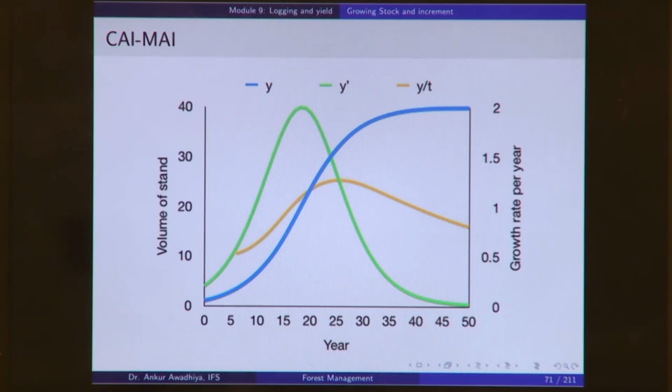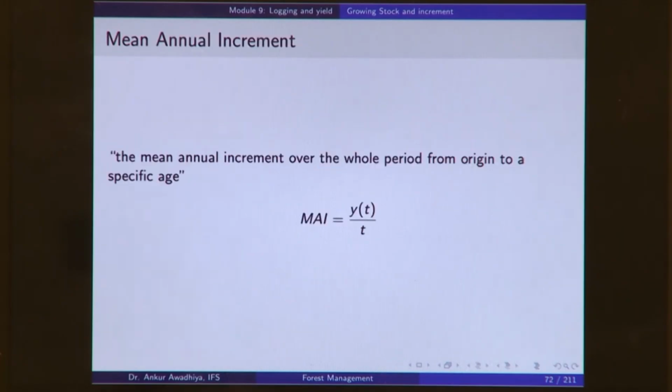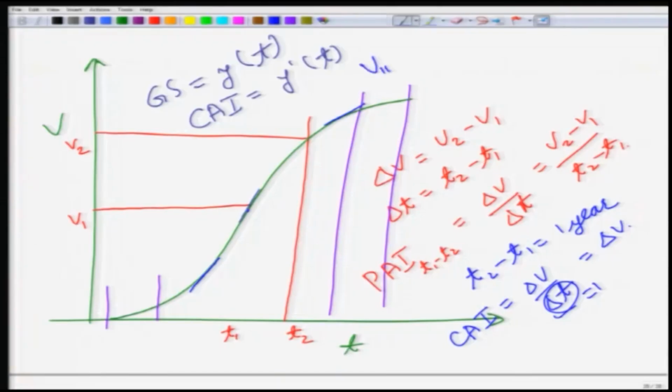We also define MAI, or the mean annual increment. Now, the mean annual increment is asking the question, what is the average growth of the stand at any stage of its life. So, suppose the volume of the stand is V10 at the end of 10 years.